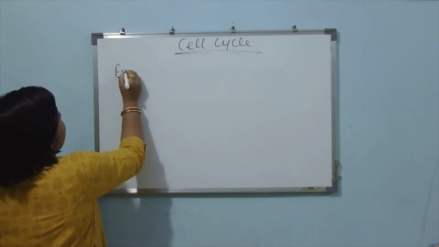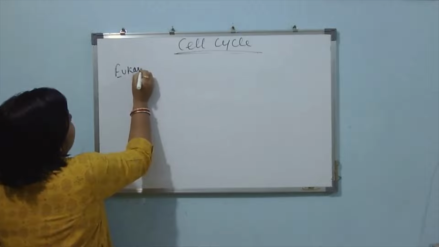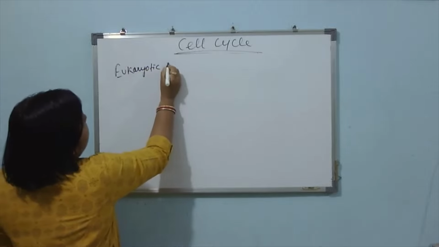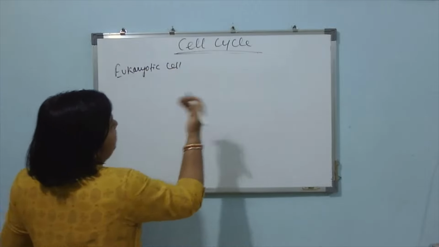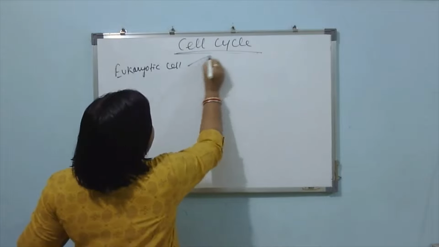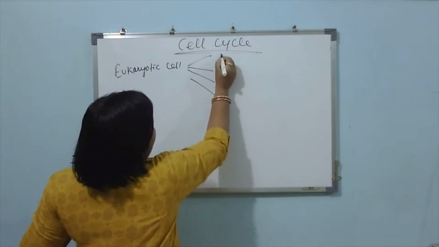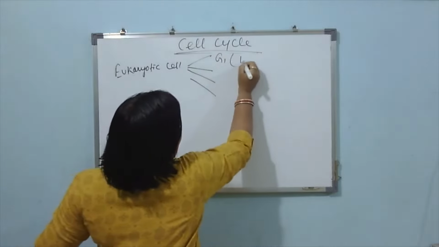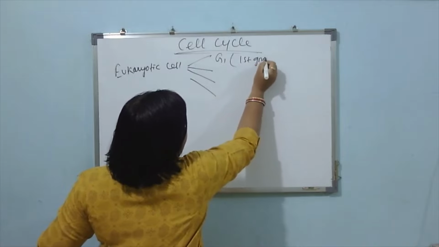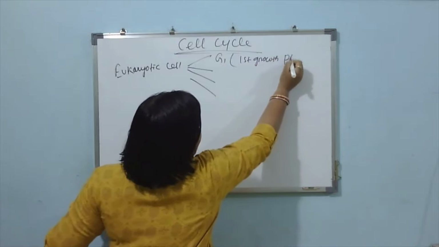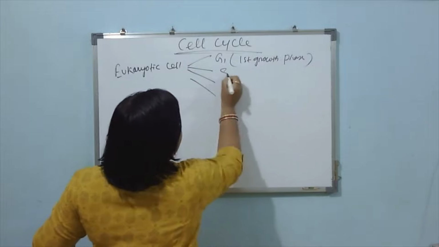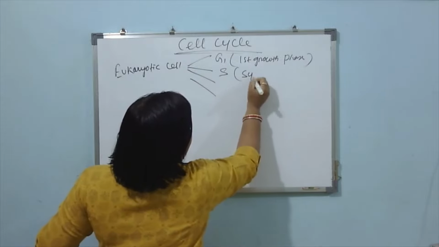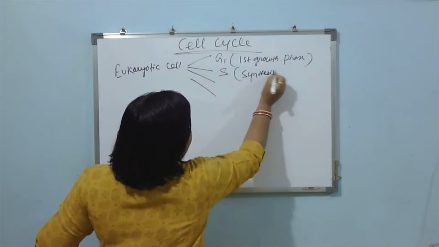In a eukaryotic cell, the cell cycle has four distinct phases. First one is G1 or first growth phase. Second one is S phase or synthesis phase.